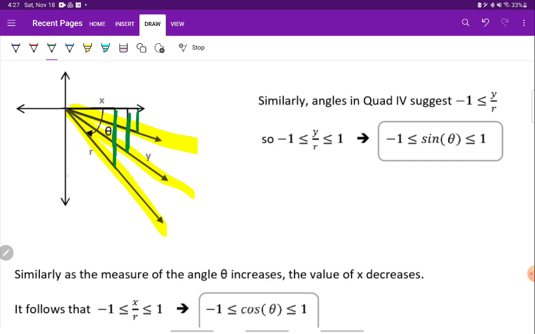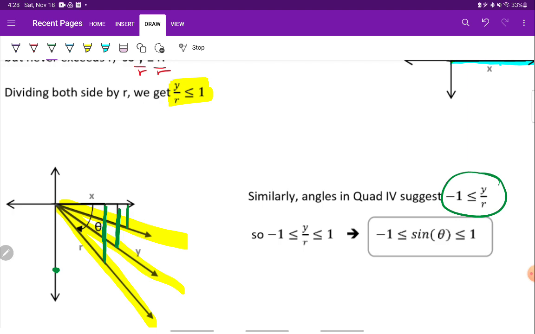But just like in quadrant 1, this Y value is never going to exceed R. And we get that Y is always going to be greater than or equal to negative R. And when we divide both sides by R, we get the inequality that Y over R has to be greater than or equal to negative 1.